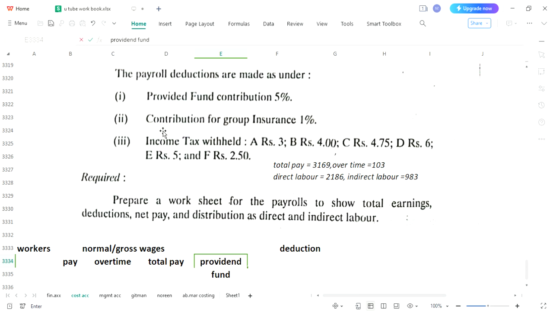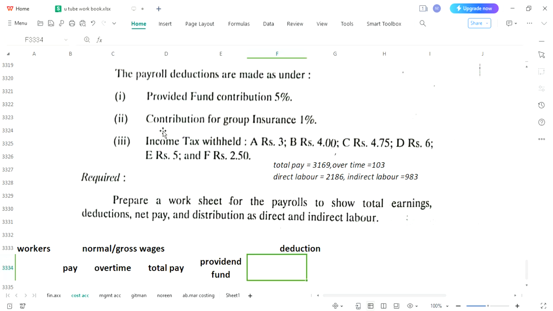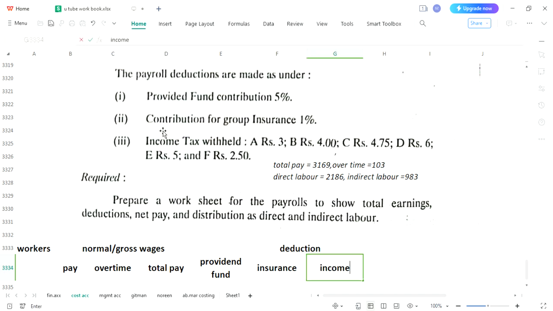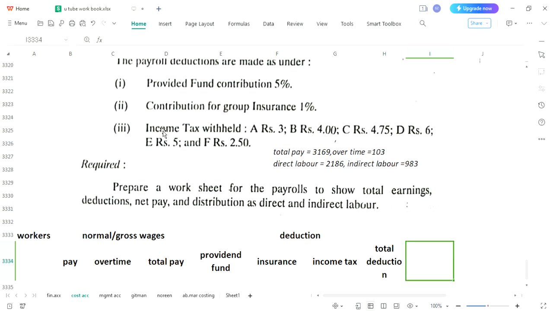Next deduction is for insurance. Next is income tax. Then here we can write total deductions. Up next we can see their net pay.